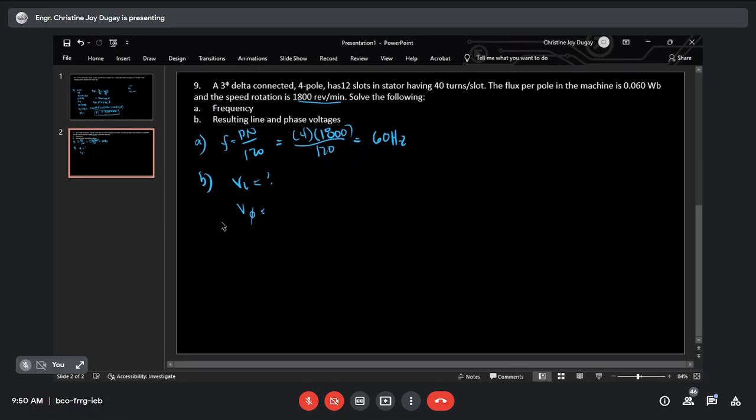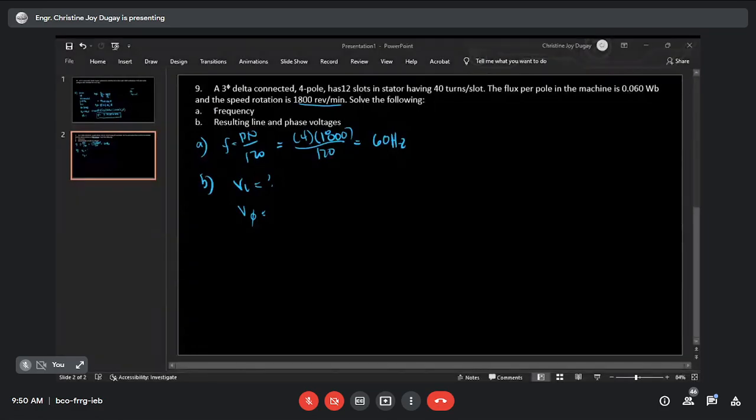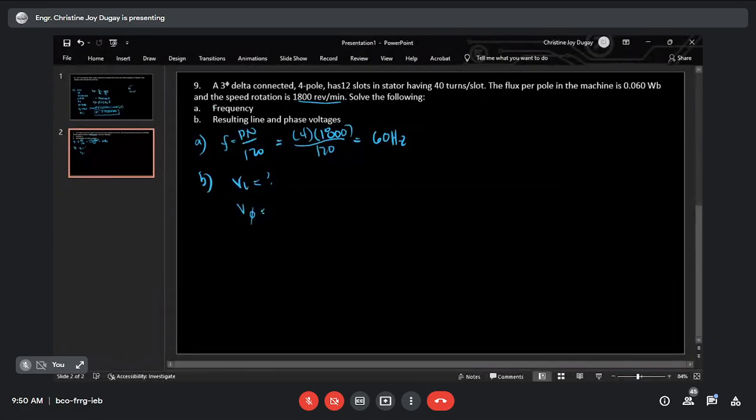Anong pwede nating gawin na formula from the past discussions? We're going to use the square root of 2 pi f, ma'am. Yan. So that is V phase or that is equal to EA, siya din lang si E phase. Walang problema dyan. Square root of 2 pi and NC flux F.